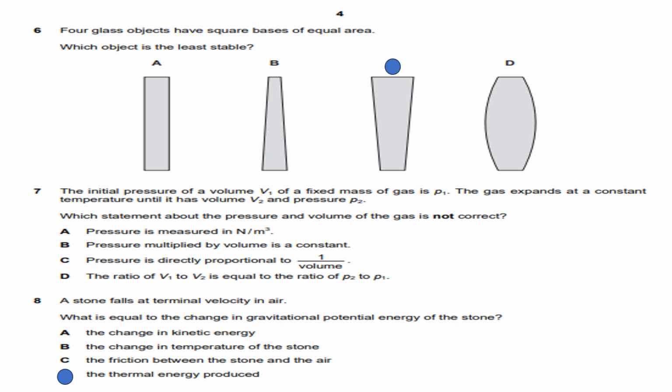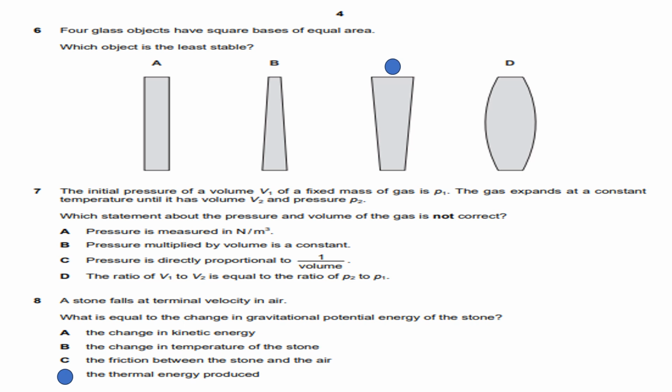7. The initial pressure of a volume V1 of a fixed mass of gas is p1. The gas expands at a constant temperature until it has volume V2 and pressure p2. Which statement about the pressure and volume of the gas is not correct?